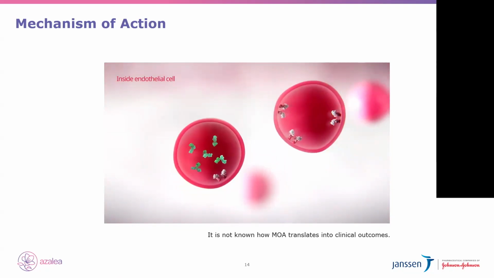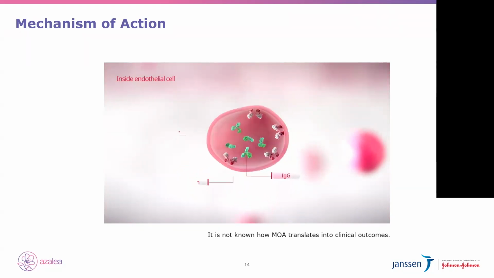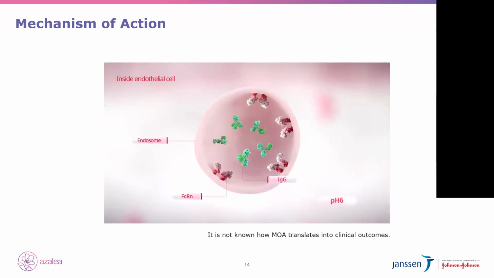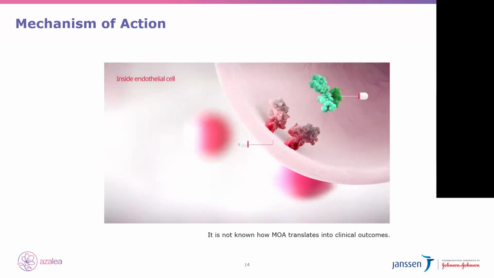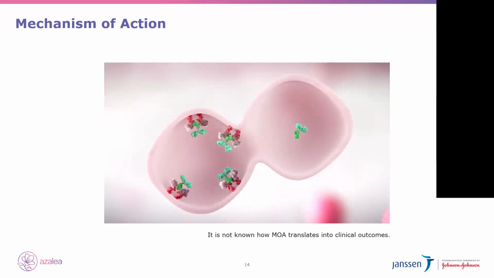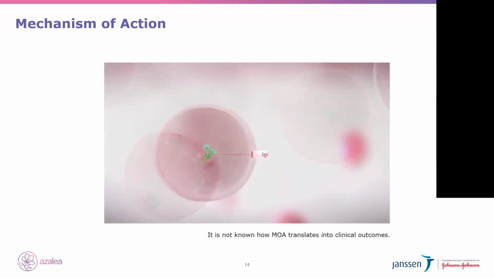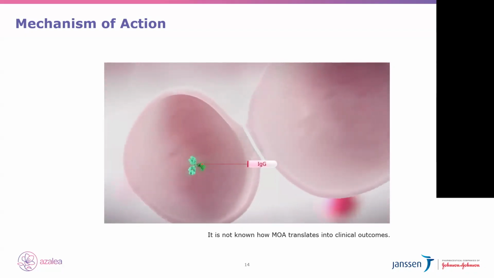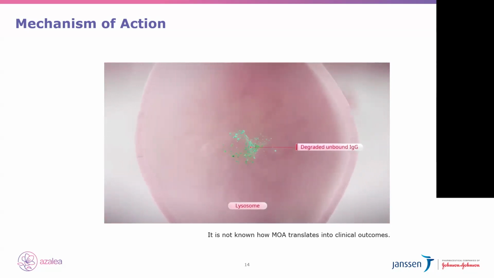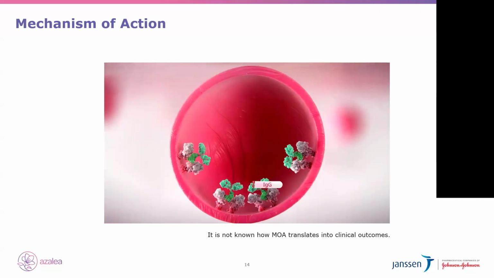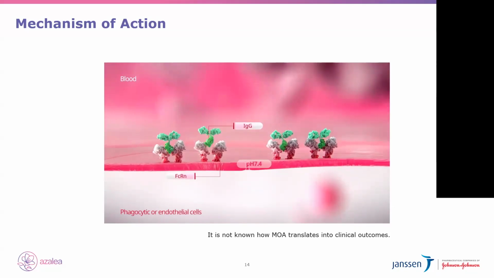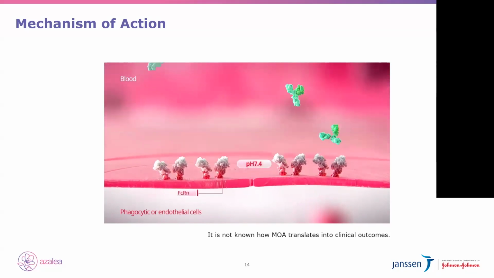IgGs and FcRns are constantly internalized into endosomes. When the pH decreases to 6, FcRns bind and retain an IgG antibody. The unbound IgG enter lysosomes, which contain digestive enzymes, and are degraded. The FcRn-bound IgG is shuttled back to the plasma membrane, where at pH 7.4 it is released back into circulation.